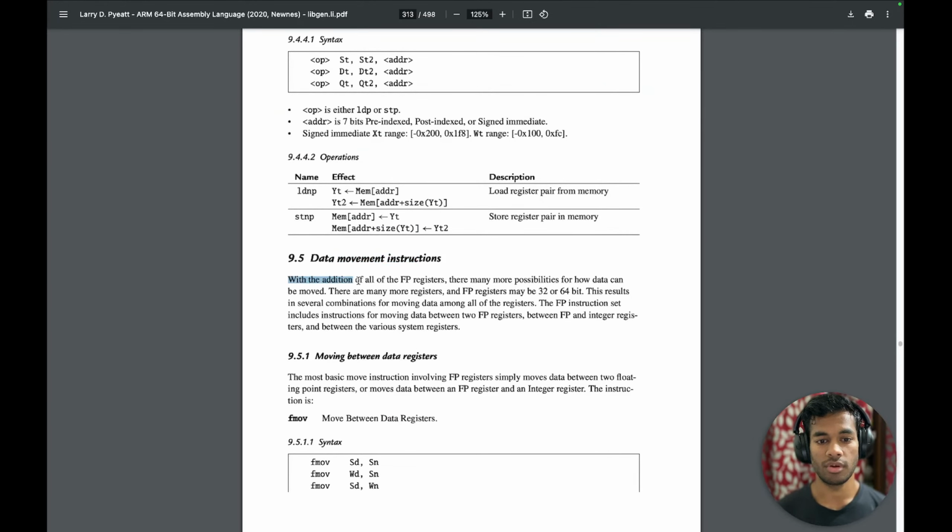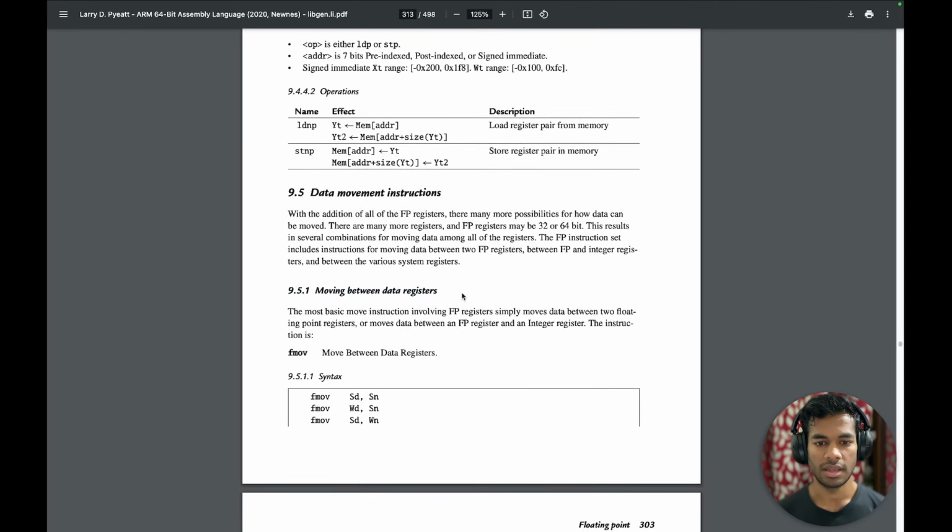Data movement instructions. Okay, with the addition of all the FP registers, there are many more possibilities of how data can be moved. There are many more registers, and FP registers may be 32-bit or 64-bit. This results in several combinations for moving data among all of the registers. The FP instruction set includes instructions for moving data between two FP registers, between FP and integer registers, and between the various system registers.